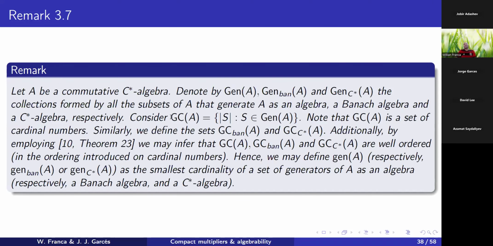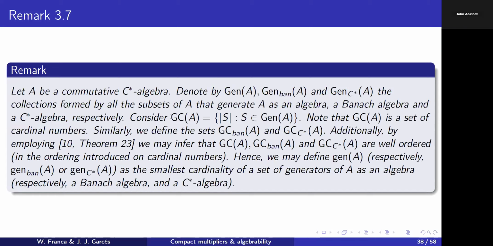Now comes something very technical, but it is crucial for a better understanding of the results. If A is a commutative C-star algebra, we can define three sets. We call them Gen A, Gen Ban A, and Gen C-star A. It's the collection formed by all subsets of A that generate A as an algebra, Banach algebra, and C-star algebra, respectively.